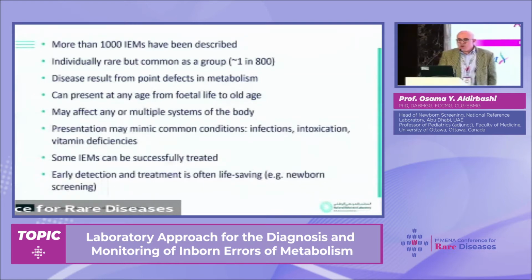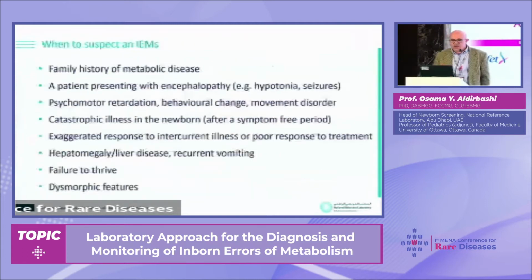Now, when should we suspect a metabolic disease? These disorders are usually suspected when there's a family history, of course. If a patient is presenting with encephalopathy or psychomotor retardation, behavioral changes, movement disorder, etc., or if there is a critical or catastrophic illness in a newborn, which is not supposed to be there, especially if it comes after a symptom-free period, and if there is poor response to treatment.